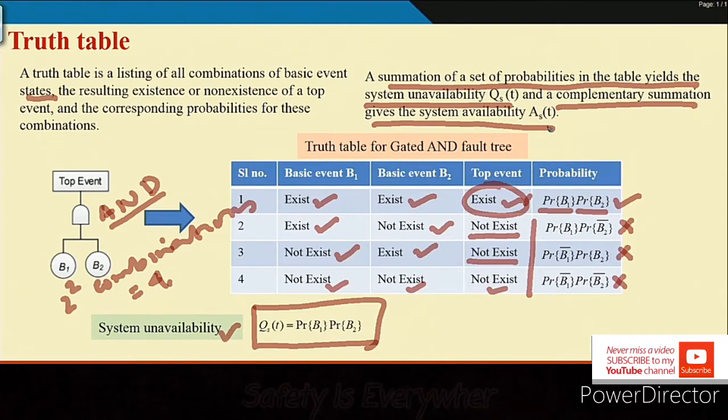The combinations when the system fails have probabilities that lead to the unavailability, and the combinations for which the system state is successful have probabilities that lead to the system availability, and the sum of the two will obviously be 1.